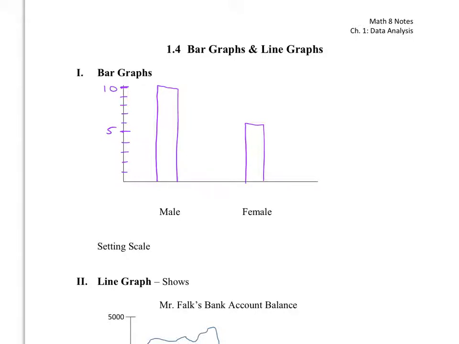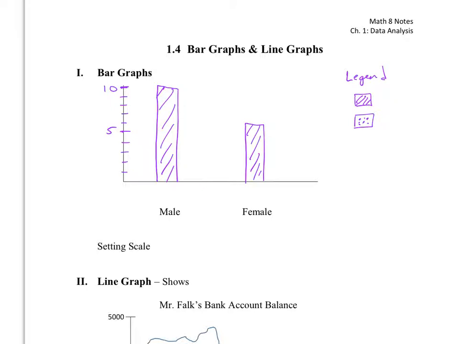That's what we call a single bar graph. There's a single bar on each one. The other type of bar graph would be a double bar graph. With that, you'll typically have either different colors or different shading, and then you'll have a legend or key. So let's just say we shade this one here, and this represents one type of data. And the other one, maybe we'll make polka dots.